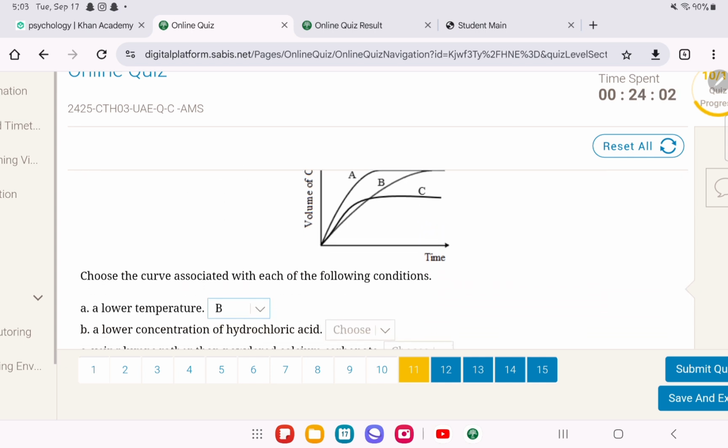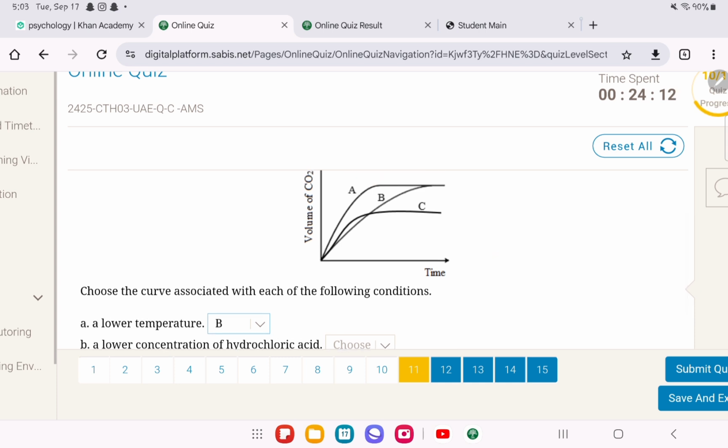Now, we said anytime we play with the concentration, if they told us you raised the concentration, then the slope and the plateau are gonna increase. And if they told you that you lowered the concentration, then the slope and the plateau are gonna decrease. This is the slope and this is the plateau.